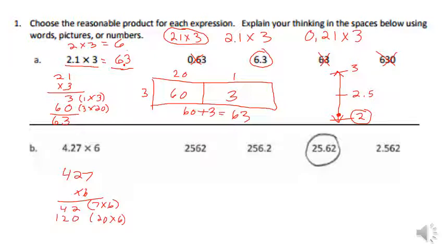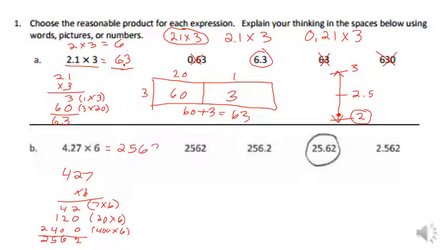And then we have 400 times 6, which I know 6 times 4 is 24 times 100 gives me 2400. But now when we add them up, we can see we have 2,562. So I know our answers are going to have those digits in them.